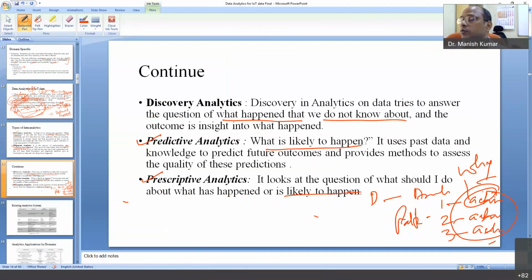Then obviously, what actions I could take should be based on the prediction, with the consideration of descriptive or diagnostic analysis. Okay. So it is actually a combination of everything. So IoT actually involves all such types of analytics. Okay.